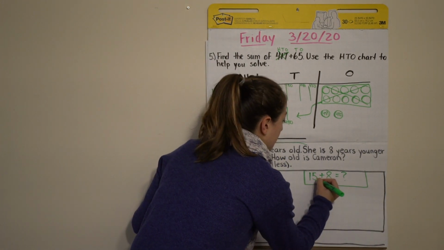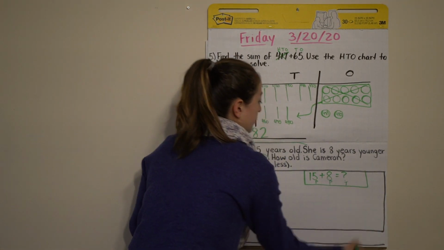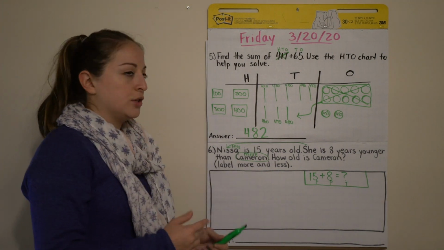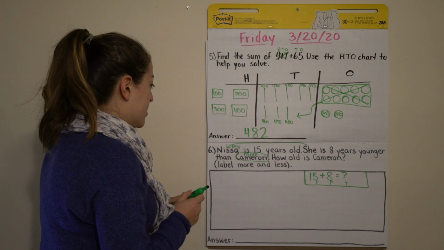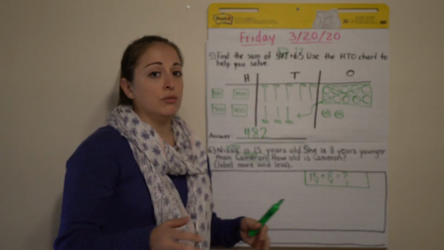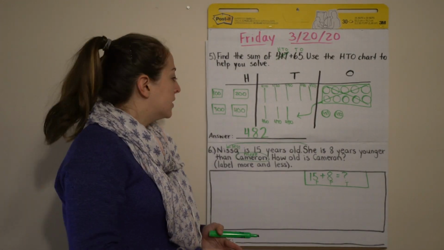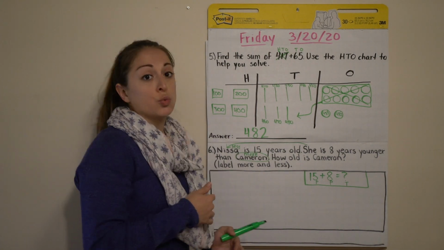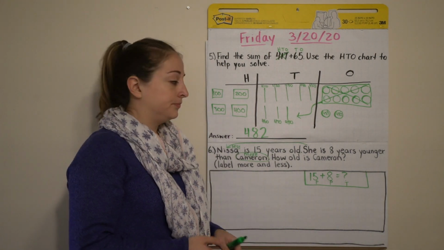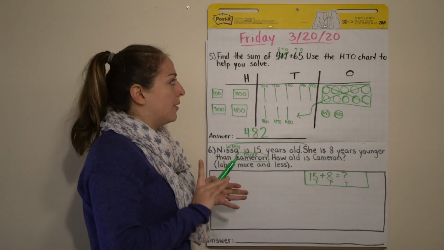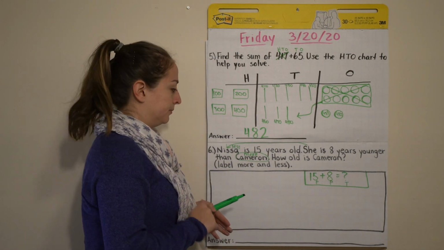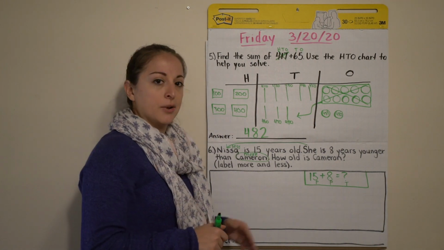So we know that we have our parts, but we don't have our total, okay? And when we don't have our total, we always add our parts. All right, so I want you to do a strategy on your own. You can do whatever strategy you would like, and then I'm going to show just one strategy on this one. Actually, I'm going to show two, just like how I did in that other word problem. So you can solve this problem right now.